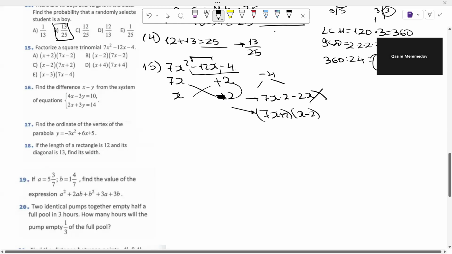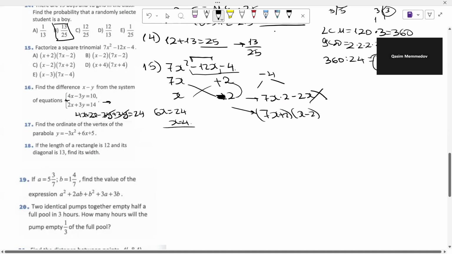Let's continue with 16. When we sum these simultaneous equations, it equals 4x plus 2x minus 3y plus 3y equals 24. We can simplify them: 6x equals 24 and x equals 4.